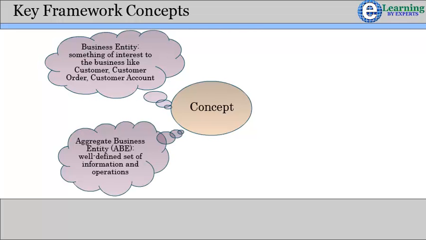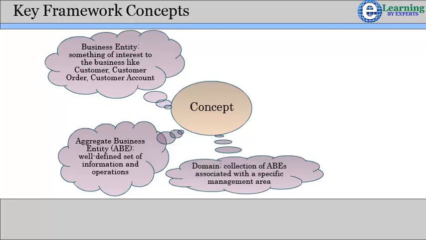An aggregate business entity, ABE, is a well-defined set of information and operations that characterize a highly cohesive set of business entities, loosely coupled with other ABEs. A domain is a collection of aggregate business entities associated with a specific management area.